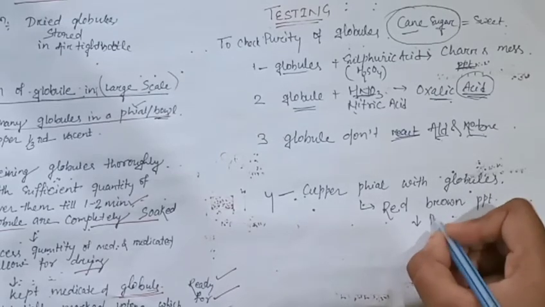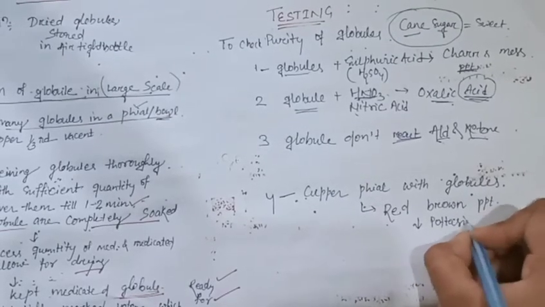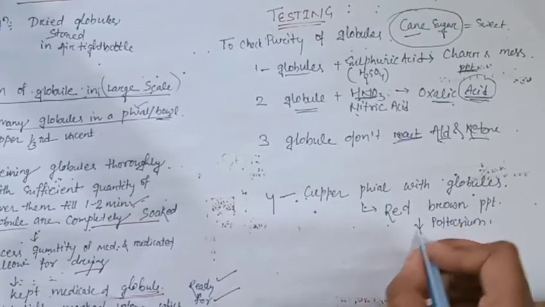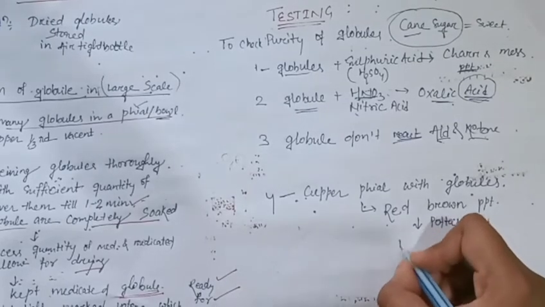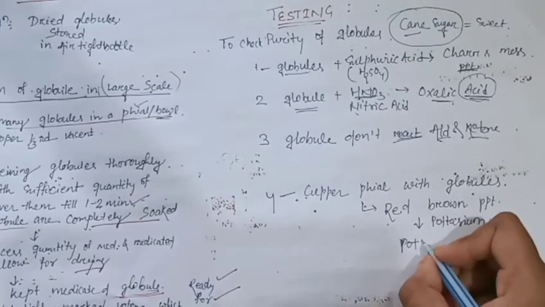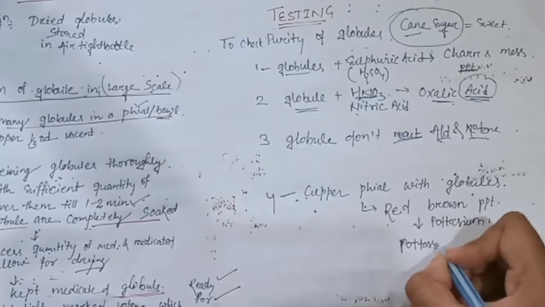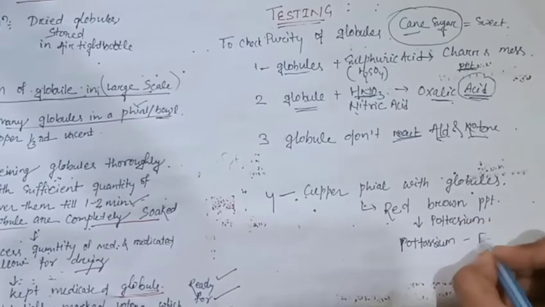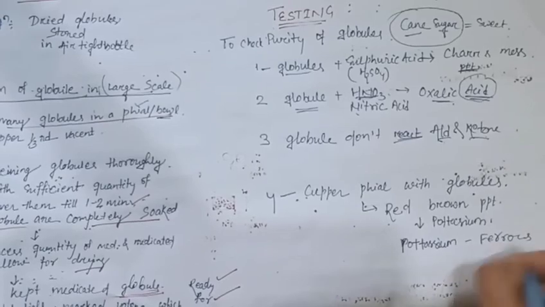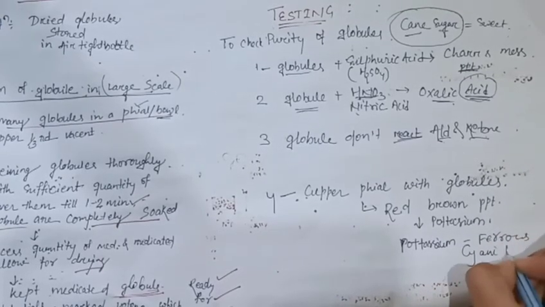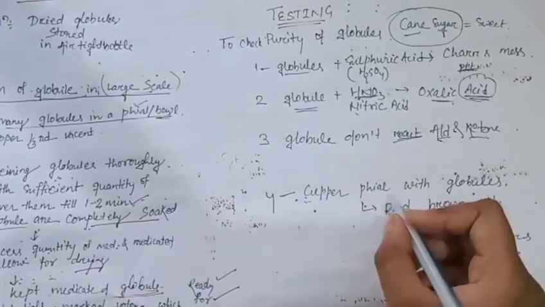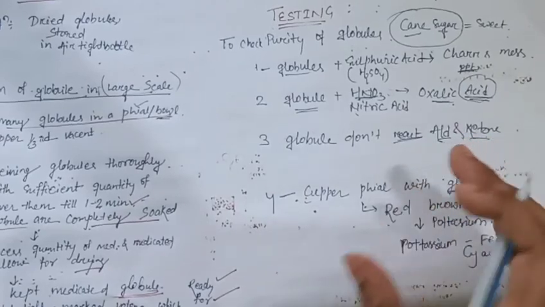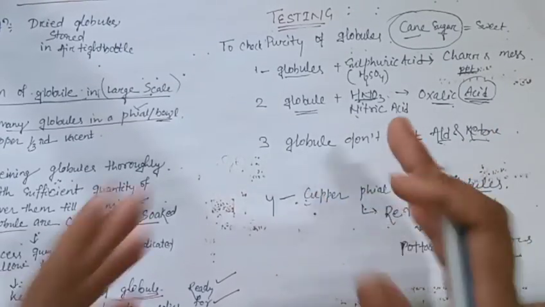And when we add potassium, this reaction goes towards the formation of a potassium ferrocyanide complex, and this shows that the globule which we take is in its pure form. So in this way we can test the globules.